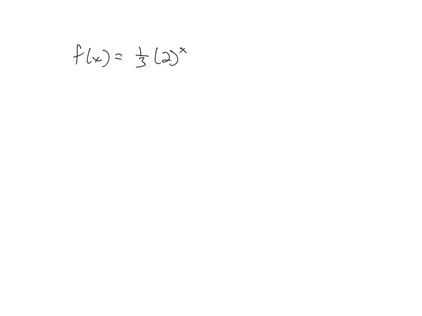Okay, so now this A number in the front, remember this is like the A and this is the B. We don't even need to look at the B. But the A number is between 1 and 0. Okay, 1/3.